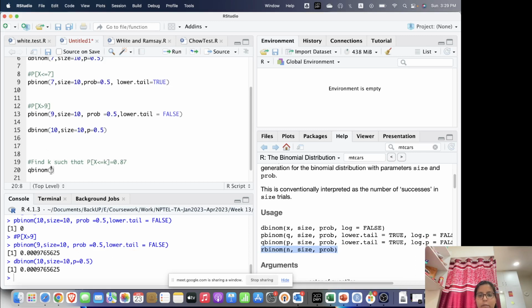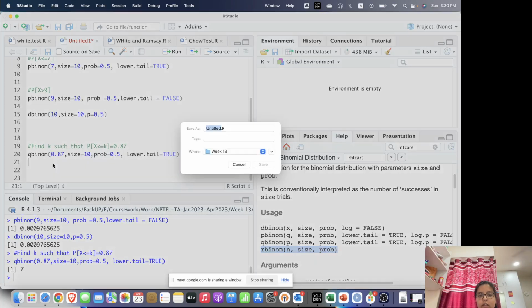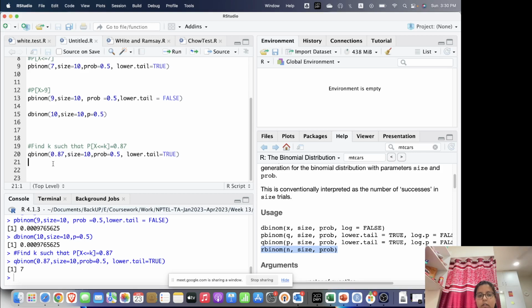We have to give the probability 0.87, size equal to 10, prob equal to 0.5 and lower.tail equal to TRUE. So this is the point below which 0.87 area lies. So this will be 7. Okay. Is it clear?